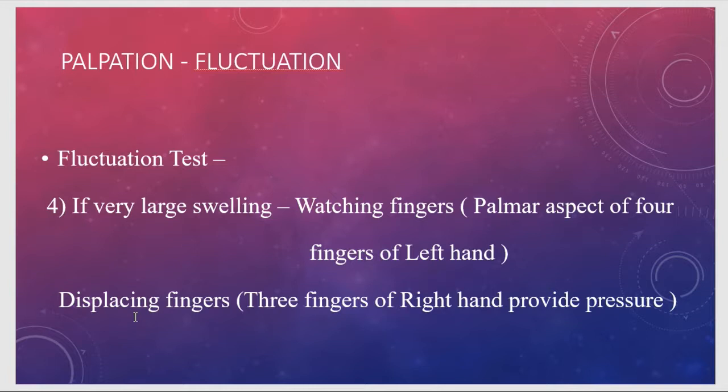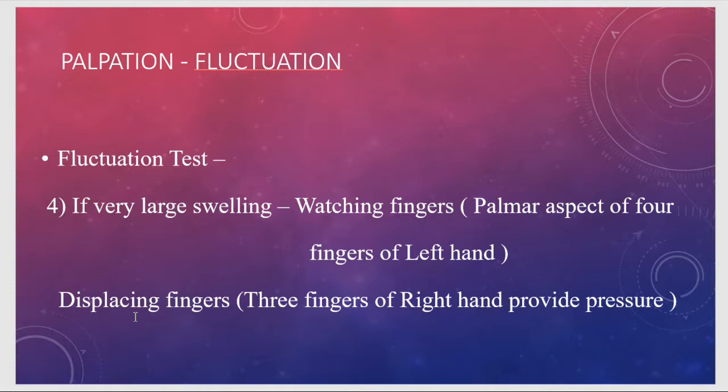In a few patients, if the swelling is very large, the role of watching fingers will be done by the palmar aspect of four fingers of the left hand for a right-handed medical person, and the palmar aspect of four fingers of the right hand for a left-handed medical person, right?